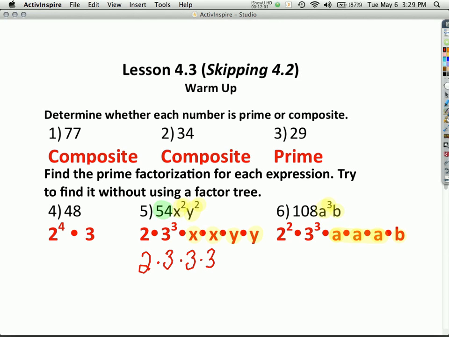Let's do it this way. Could someone give me another number that's divisible by 11, just off the top of your head? Catalina? 99. Could someone give me another number that's divisible by 11? Cameron? 33. Give me another number that's divisible by 11. Tatiana? 66. Other than these being divisible by 11, what else do they all have in common?